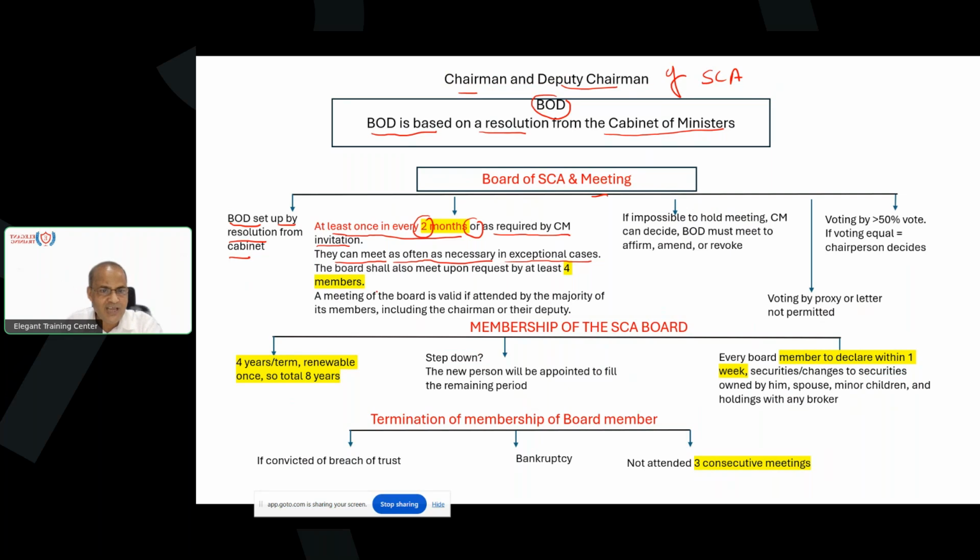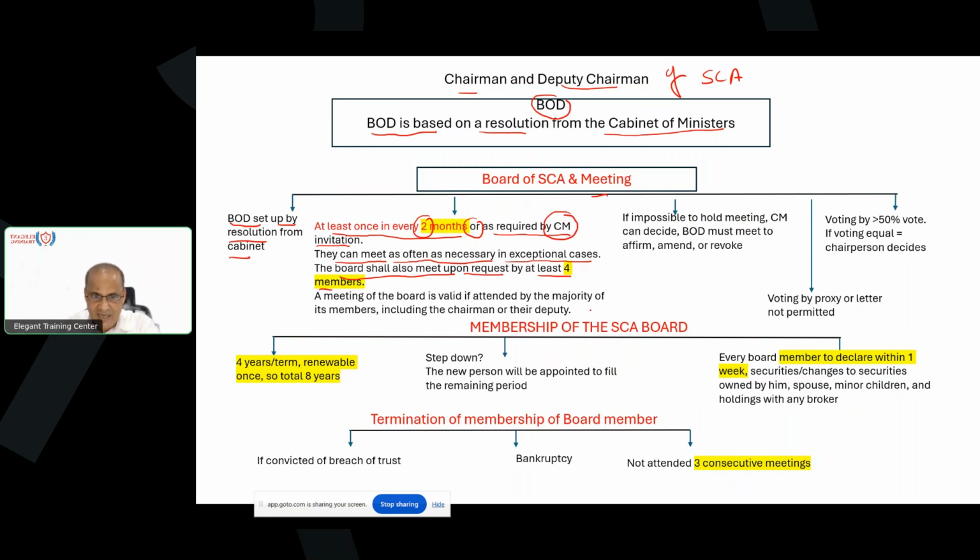The board shall also meet upon request by at least 4 members. Please understand. One, the chairman can call for the meeting. Chairman himself, he can call for the meeting. Second, if any 4 members propose to have a meeting, then also a meeting can be held.